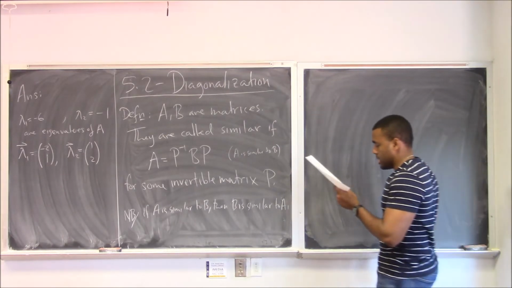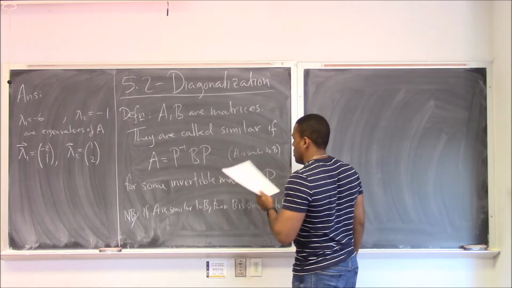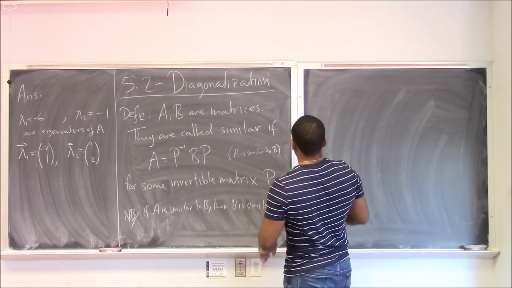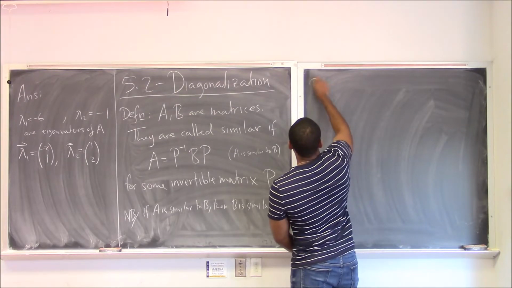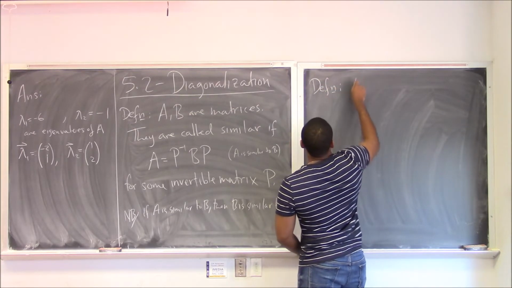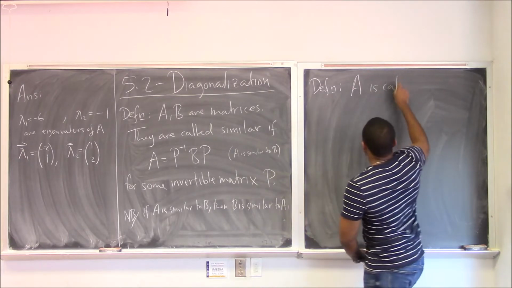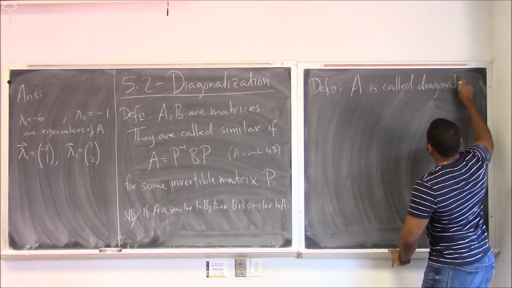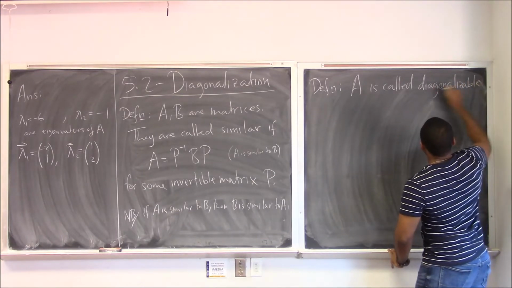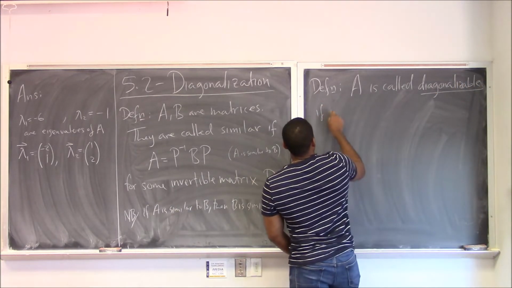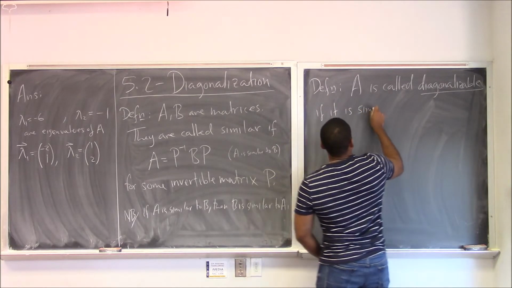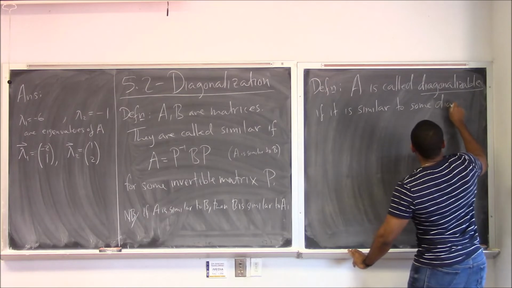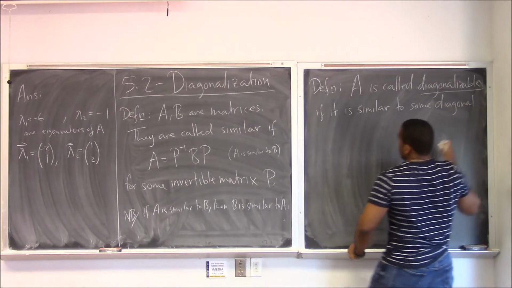So, basically, here's the definition. A is called diagonalizable if it is similar to some diagonal matrix.